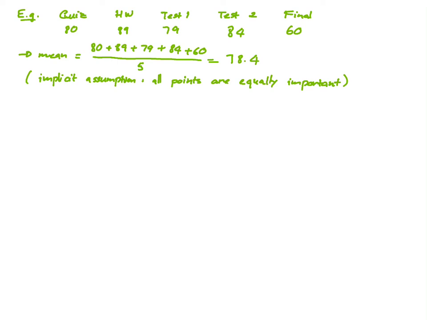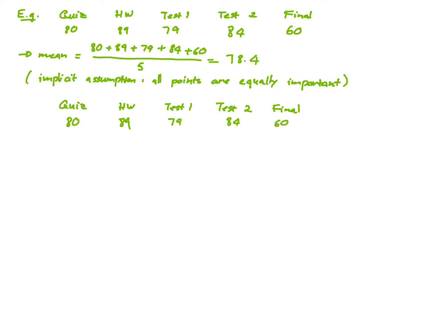So that means that there's a weight associated with each of these categories: quiz, homework, test 1, test 2, and then final. So you have 80 on the quiz, 89 on the homework, 79 on test 1, 84 on test 2, and 60 on the final.